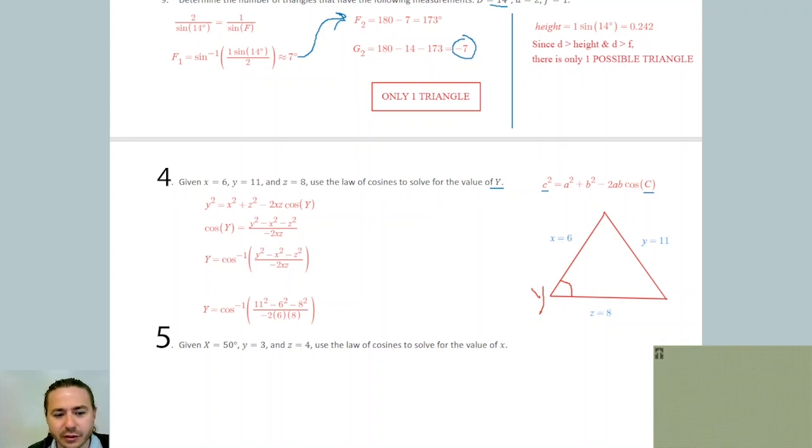So we get the inverse cosine of a big fraction here. I've got 11 squared. I'm just going to type it in exactly how it looks, no funny business. And then we should be safe.